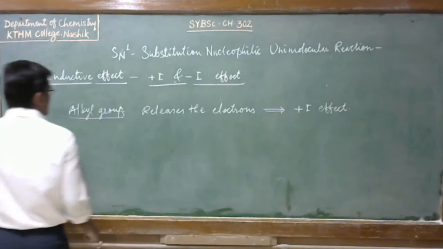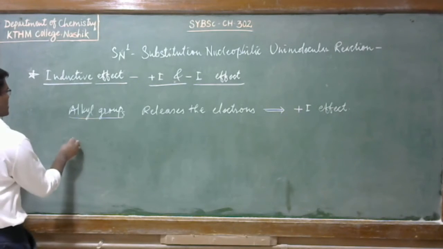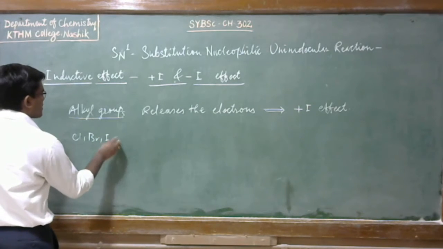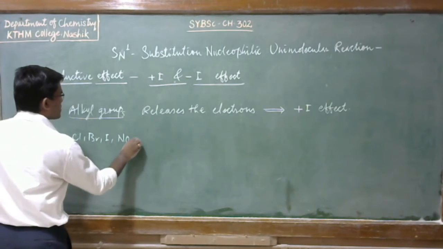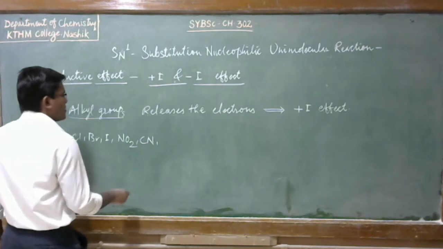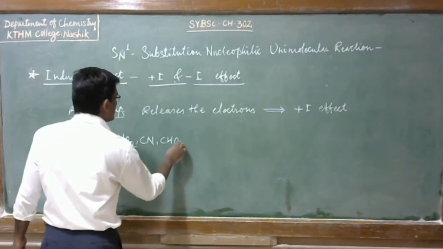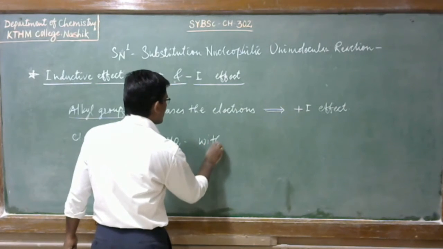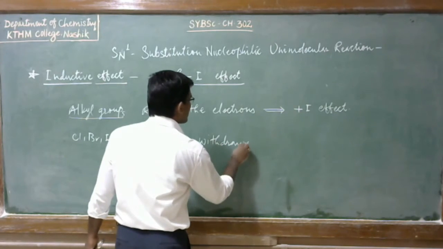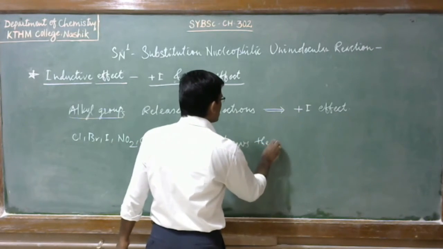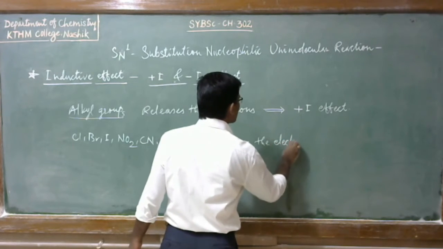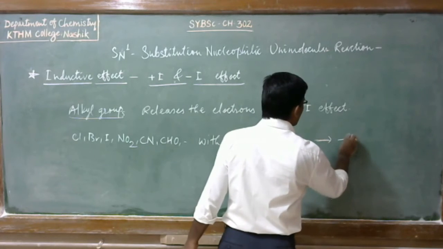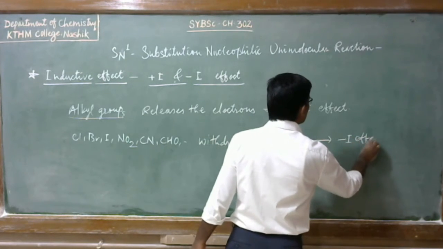Whereas the electron withdrawing groups, for example, chlorine, bromine, iodine, nitro, cyano, or other groups, withdraw the electron, so it shows the minus I effect, isn't it?